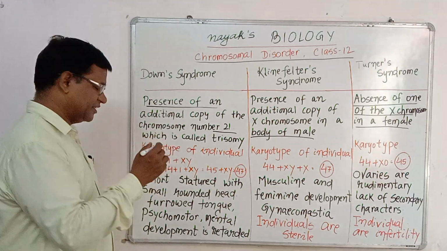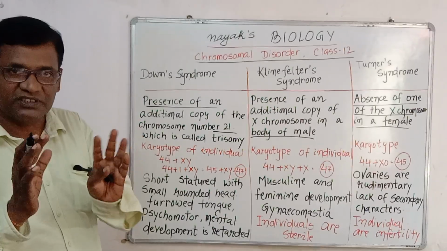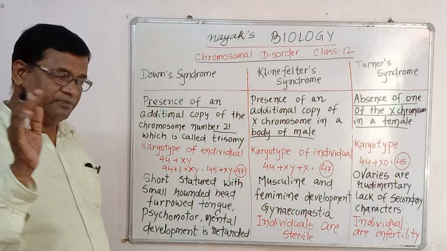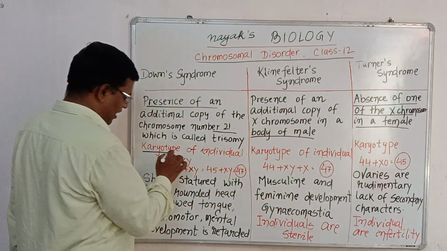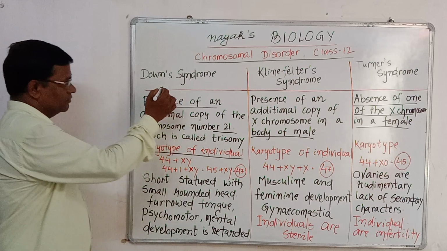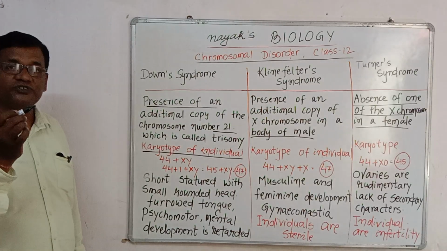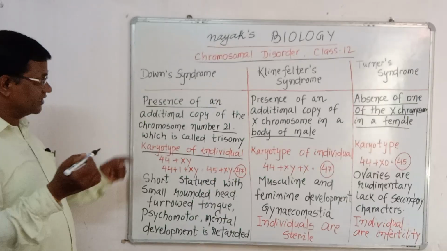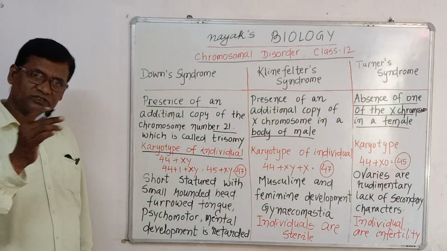Now karyotype, that means the configuration of the chromosomes in the nucleus, which is a very important question in any exam. What is the karyotype of an individual suffering from Down syndrome? Our condition is that everything is the same.